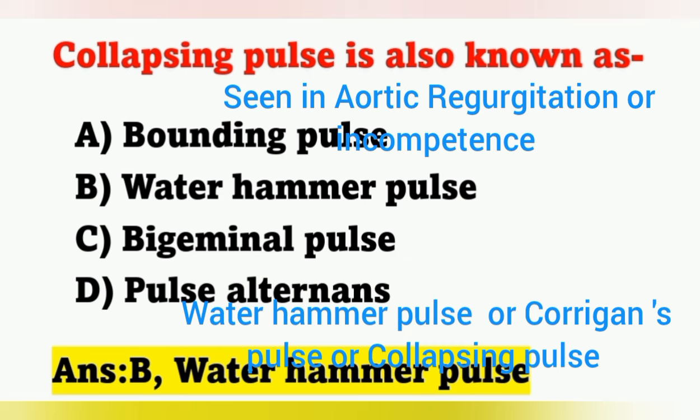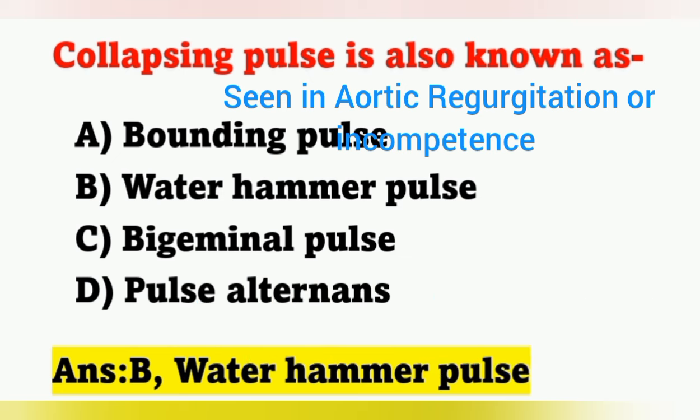Collapsing pulse is also known as water hammer pulse or Corrigan's pulse. A water hammer or collapsing pulse means a full volume pulse but rapidly collapsing. The pulse interval will become collapsing, and it is usually seen in cases of aortic regurgitation or aortic incompetence.